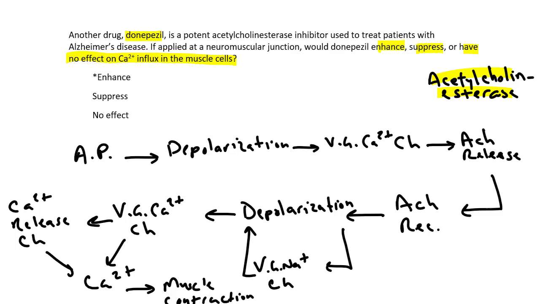So if you remove that inhibition, then acetylcholine concentrations in the synaptic cleft go up, acetylcholine receptor activation goes up, depolarization goes up, this goes up, this will go up, this will go up, calcium release will go up, muscle contraction will increase.